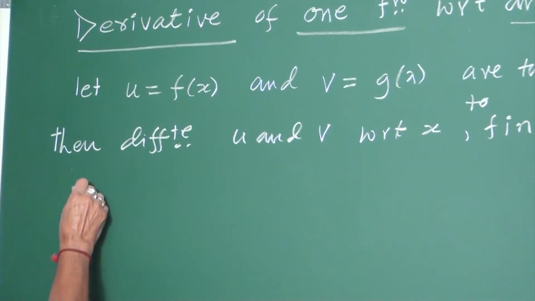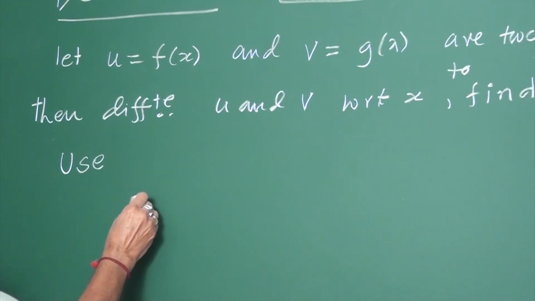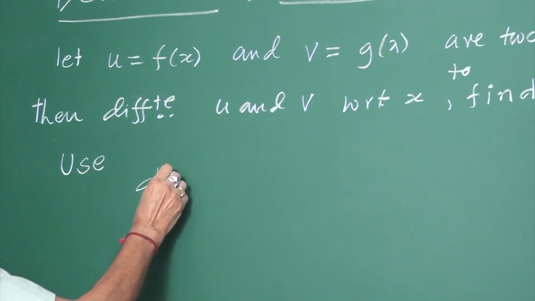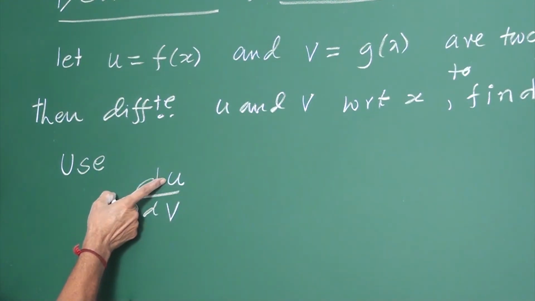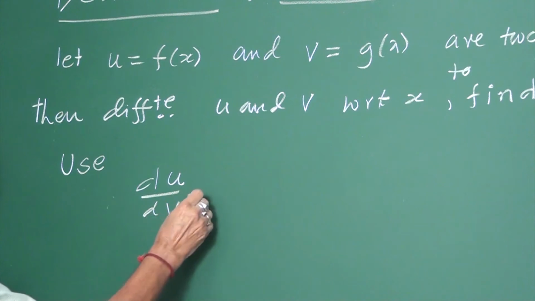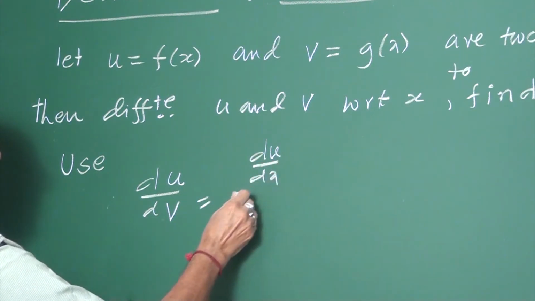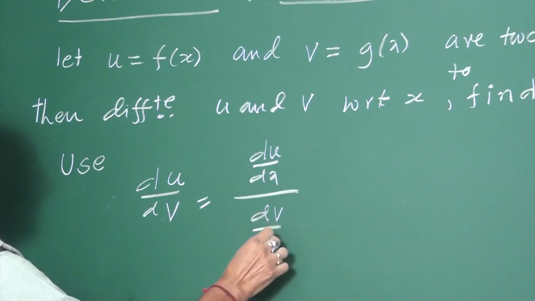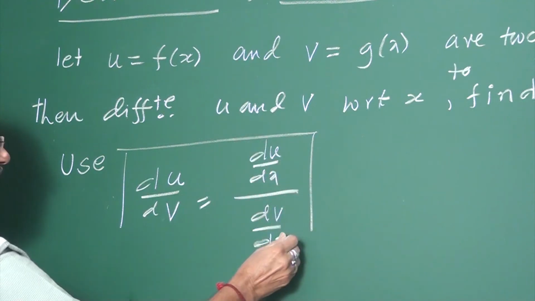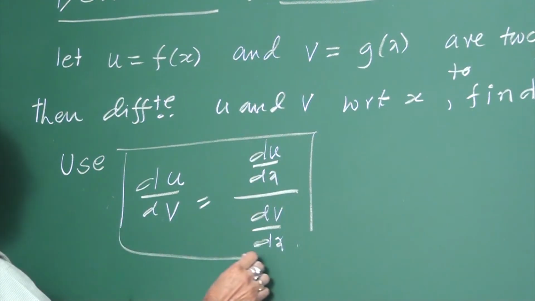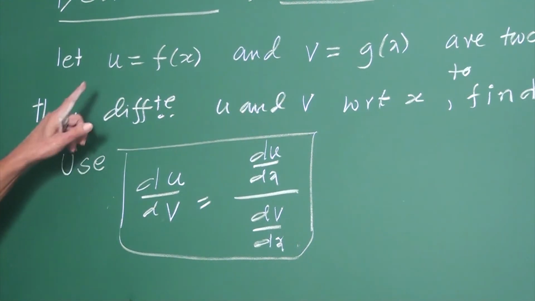After finding, use this formula. Derivative of u with respect to v, derivative of one function with respect to another function. Use this formula. It is du by dx upon dv by dx. My friend, use this formula.